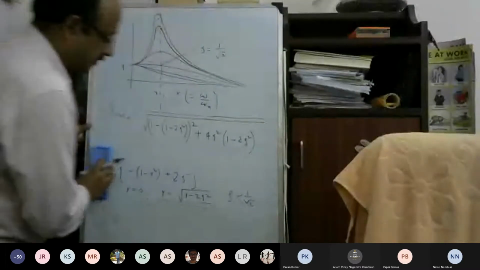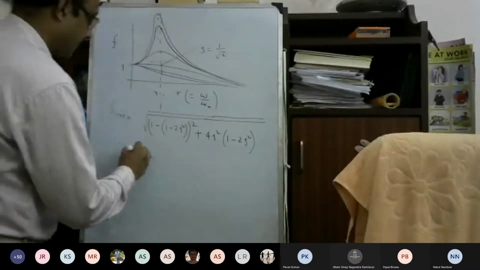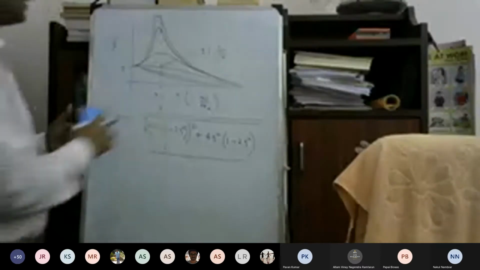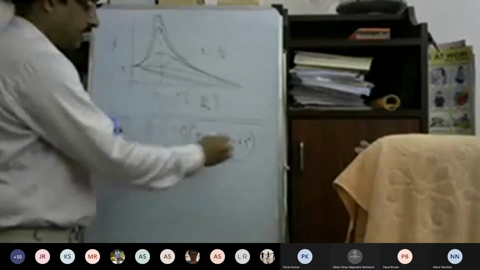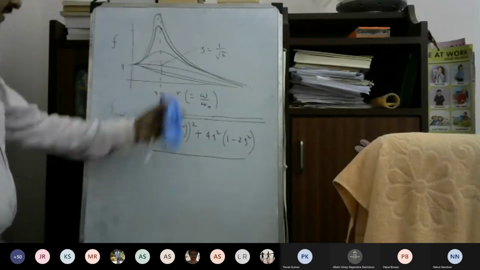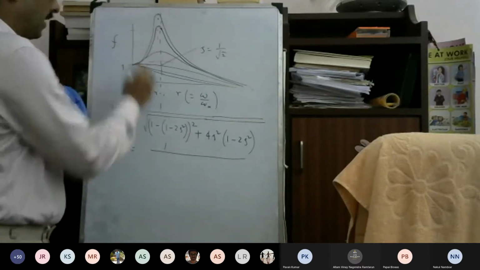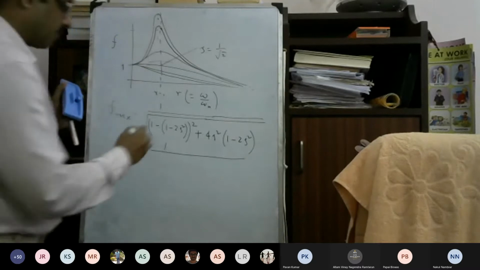So F max will be equal to, again we are considering only the case zeta less than 1 by root 2. If zeta is greater than 1 by root 2, then the maximum value is at 1. Otherwise it goes up.